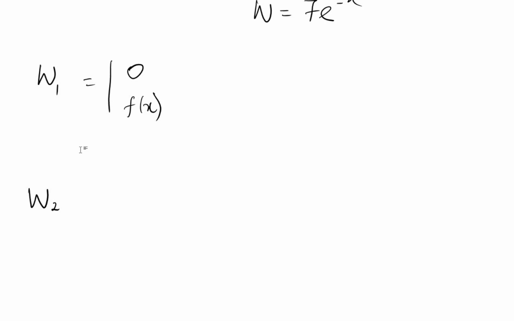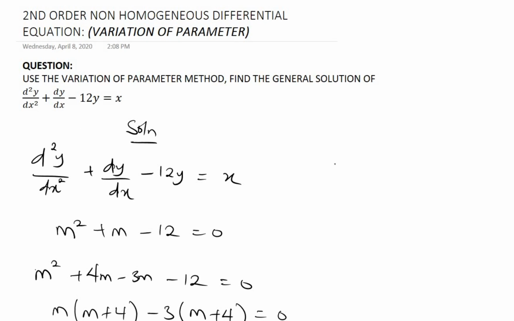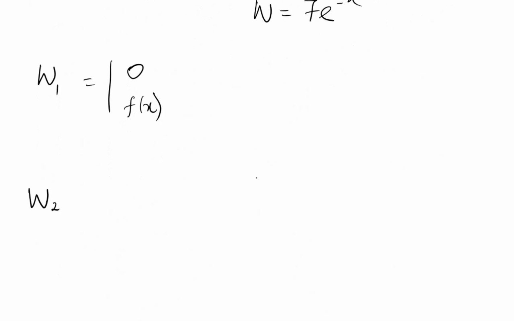This f(x) means what I have at the right side of my general differential equation. You can see this is the differential equation I have. What did I have at the right hand side? That's f(x). If it's a trigonometric function, that's my function of x. If it's an exponential function, that's my function of x. So here I'm going to have 0, f(x), and here y2 and y2 prime.